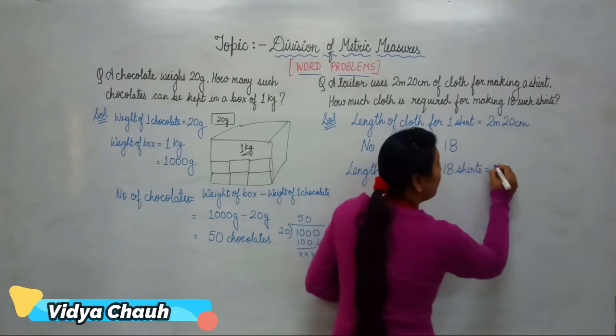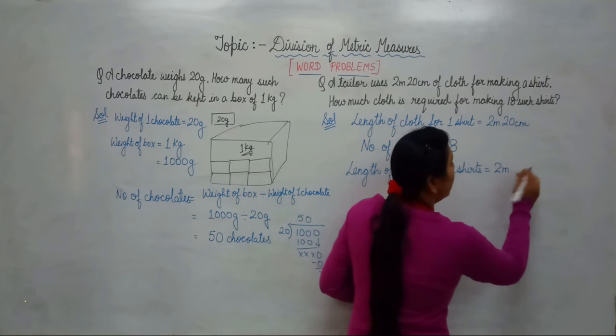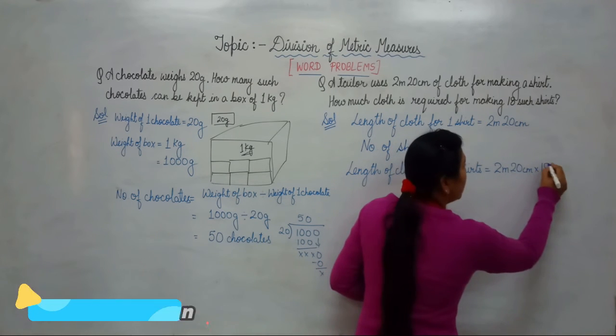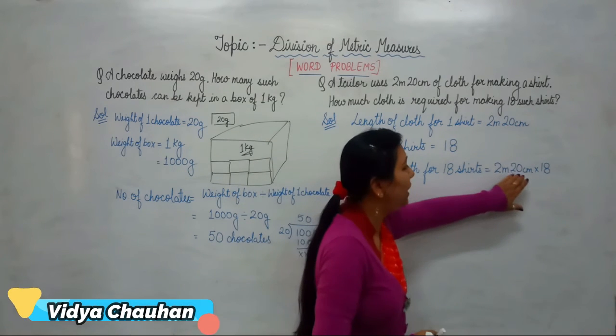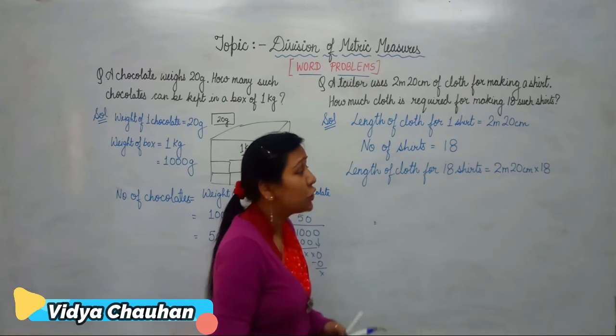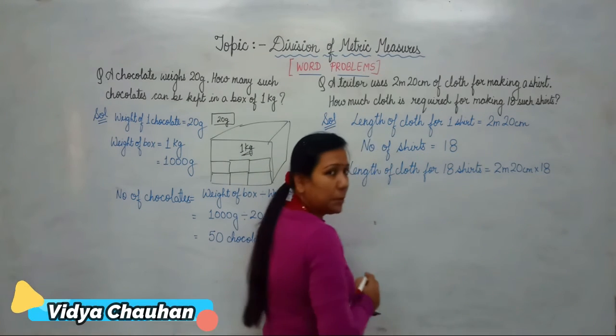So you have to do the multiplication, because repeated addition means multiplication by the same value. That means we will multiply 2 meter 20 centimeter by 18. Correct, students? We have done how to do the multiplication. So let us perform the multiplication.